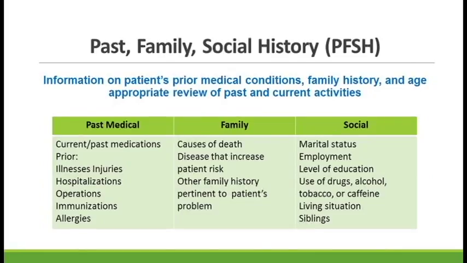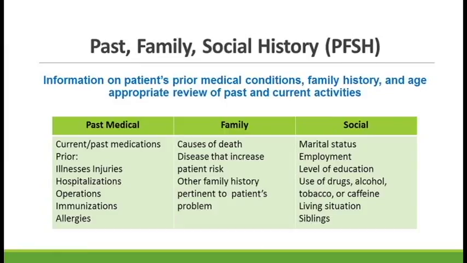Past medical, family, and social history is pretty self-explanatory. The provider should obtain and document the history information they feel is relevant to the encounter. Past medical history is information about the patient's prior illnesses, injuries, diagnostic testing, and treatments. Current or past medications would count as past history.